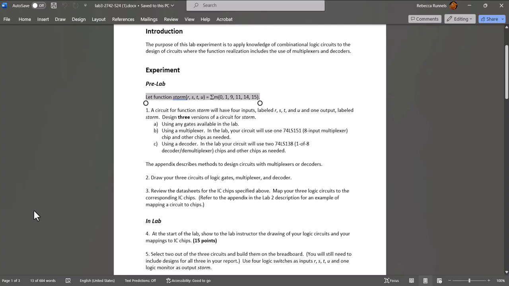So any gates, multiplexer, and it tells us it's 74LS151, and the decoder 74LS138.